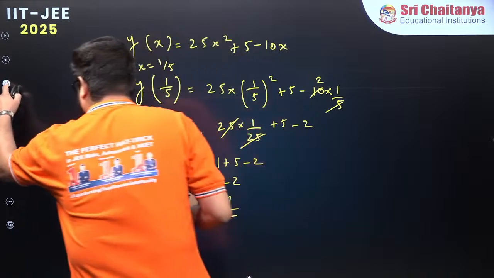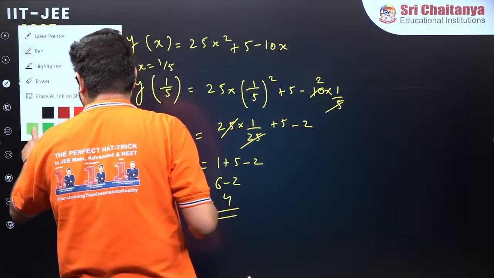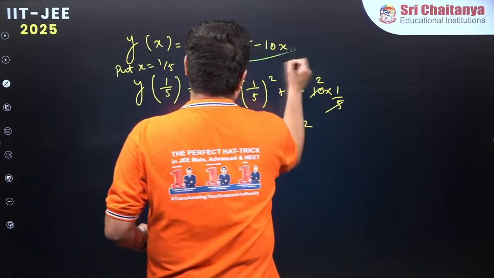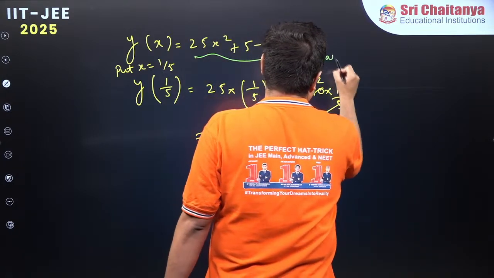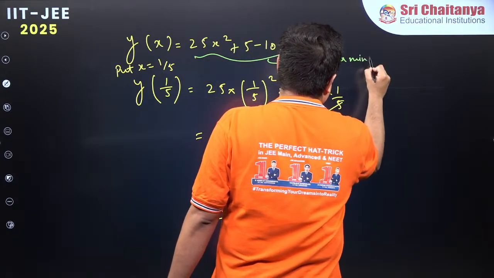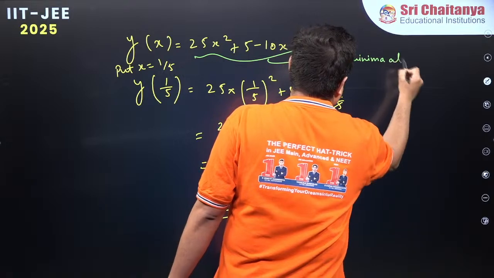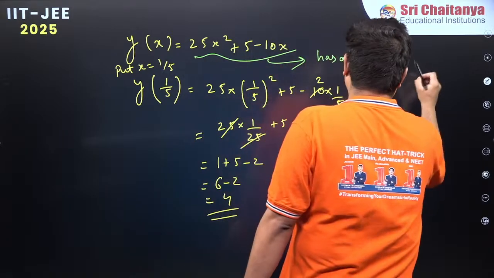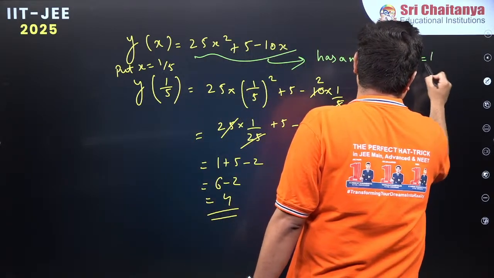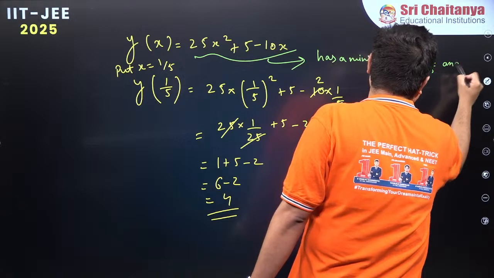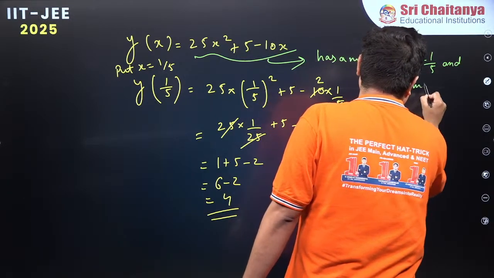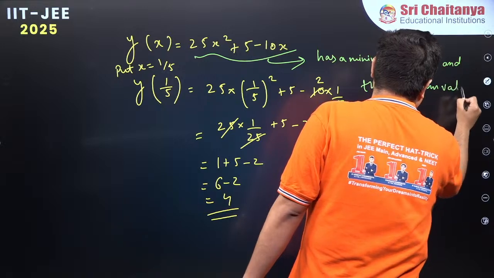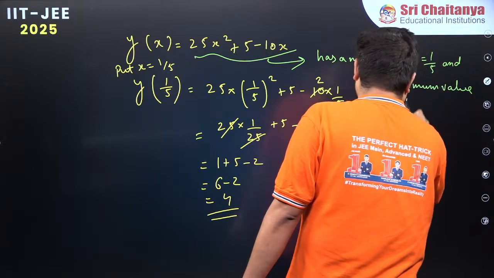So that means this function is having a minima. So this function which we are investigating has a minima at x is equal to 1 by 5 and the minimum value is 4.